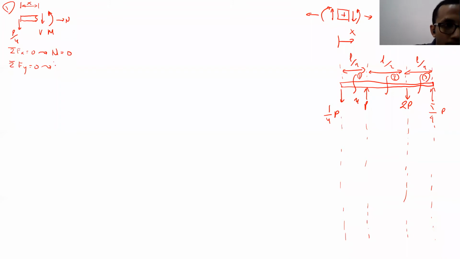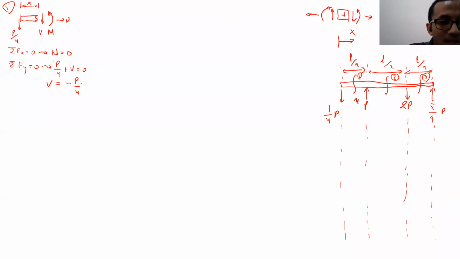So P over 4 equal to minus V. That's why V, actually, don't put it as minus V equal to something, because V is the one that we want to find. V equals minus P over 4. So that's the first thing that we get: V is minus P over 4.